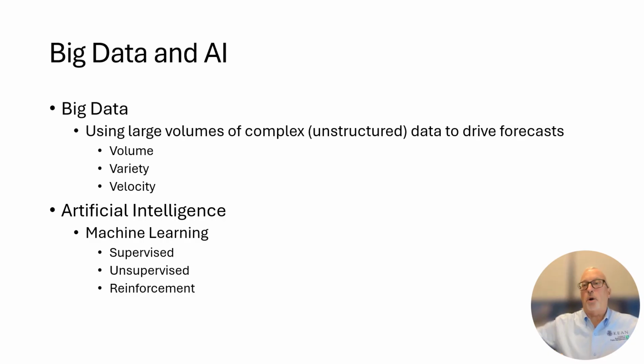Unsupervised allows it to go out and pick all the variables it wants to. So it might identify variables I haven't even thought of or wouldn't even consider, and it starts mixing them into the relationship to see what provides the best forecast. And reinforcement is just a modification on these two, where the computer is given feedback on good models and the right things to do.